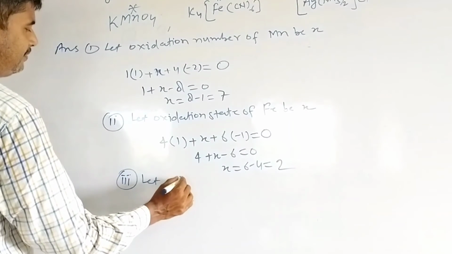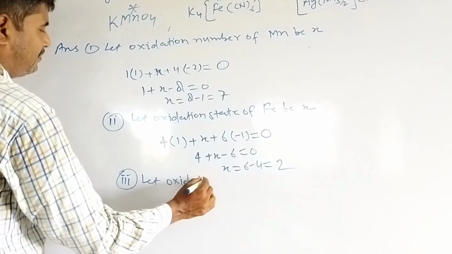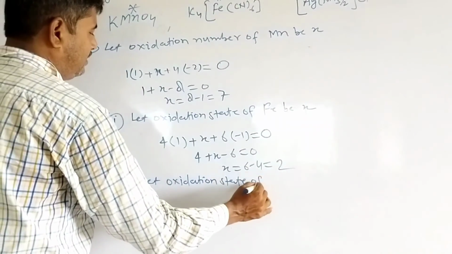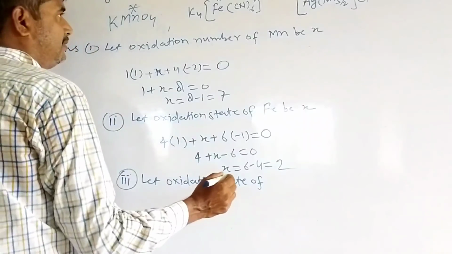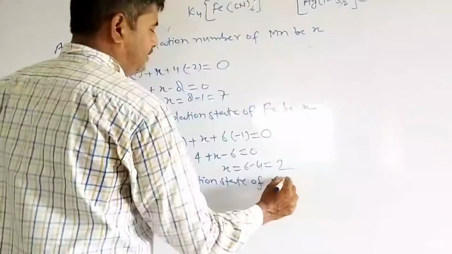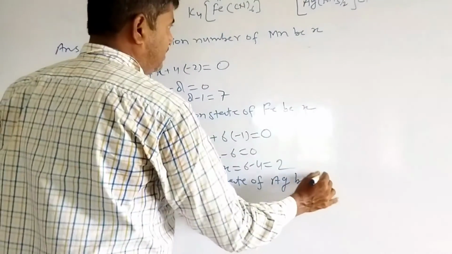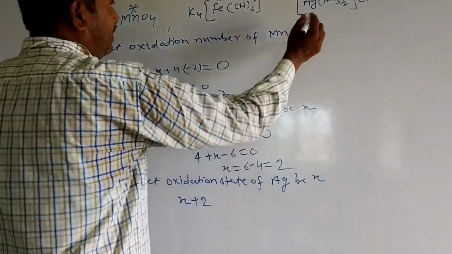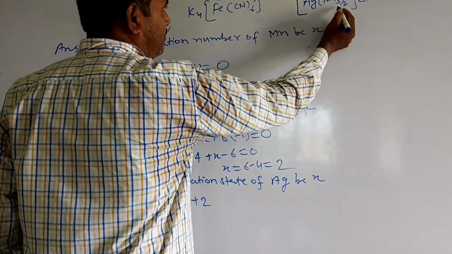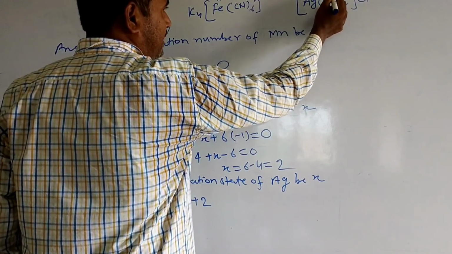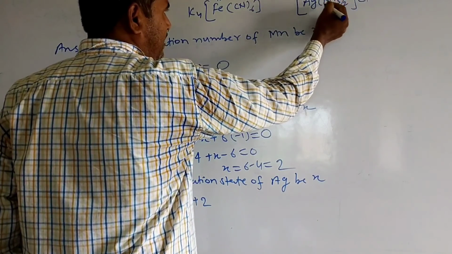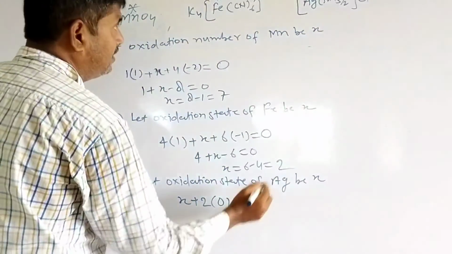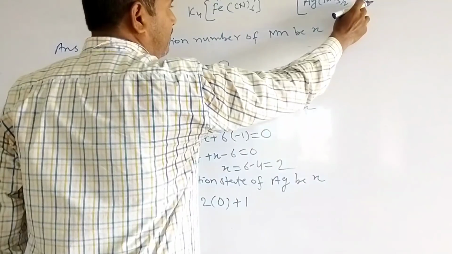For third, let the oxidation state of Ag be X. X plus 2 times, here there are two ammonia, 2 times ammonia. Ammonia is a molecule, hence its oxidation state is 0. So 2 times 0 plus 1 for chlorine.